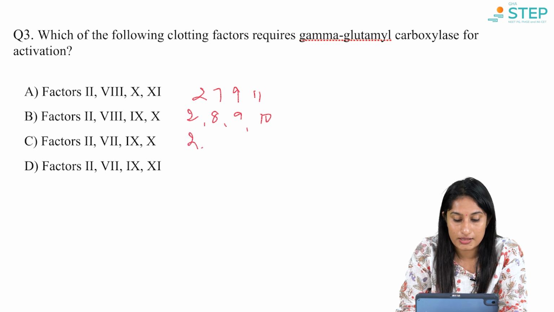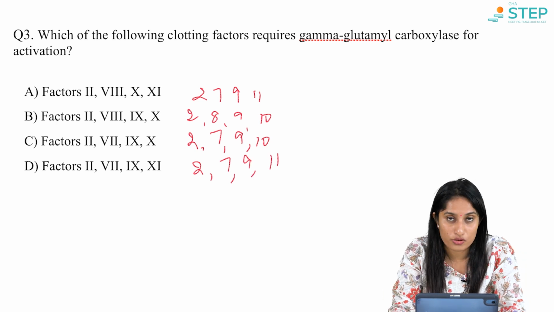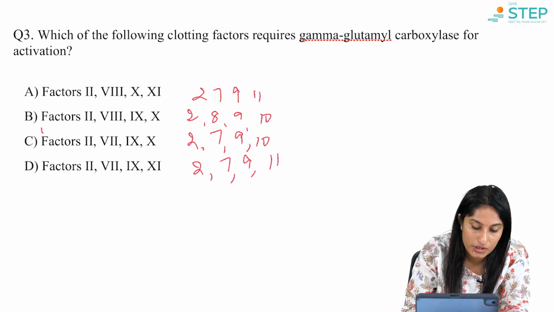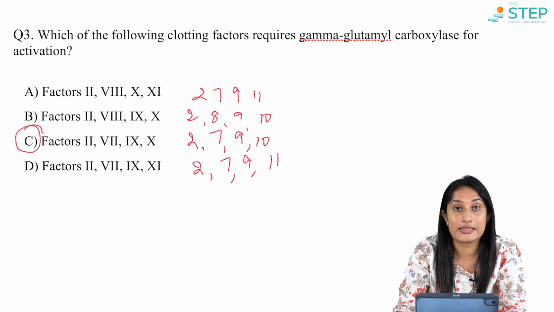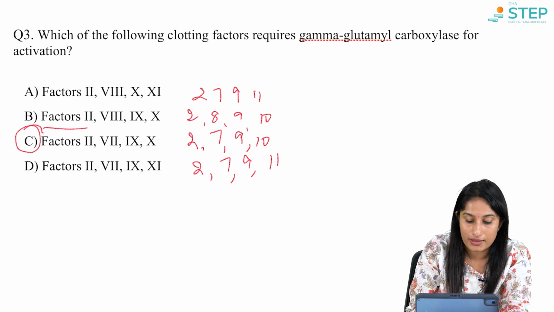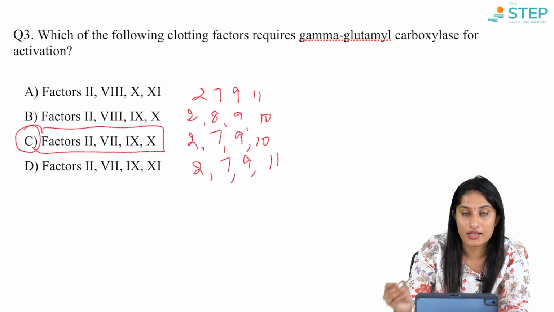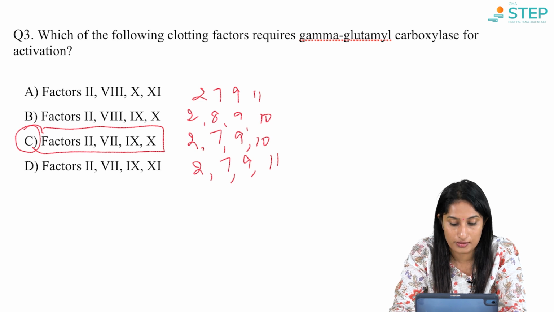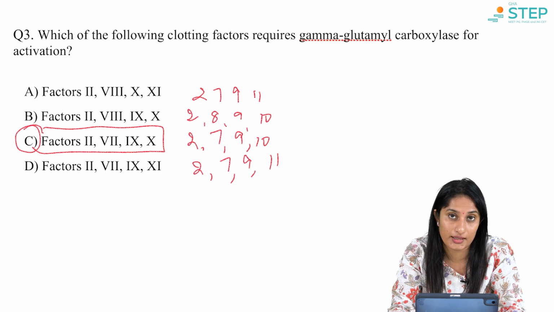Option C is 2, 7, 9, 10. Option D is 2, 7, 9 and 11. What is the correct option here? The correct option is option number C. That is factors 2, 7, 9 and 10. Okay, 2, 7, 9 and 10.